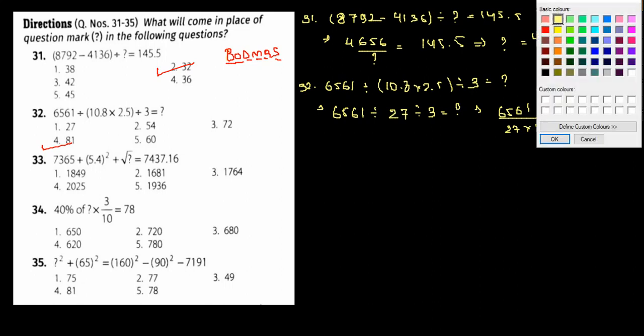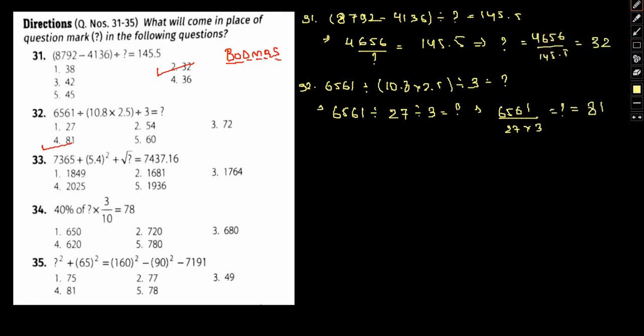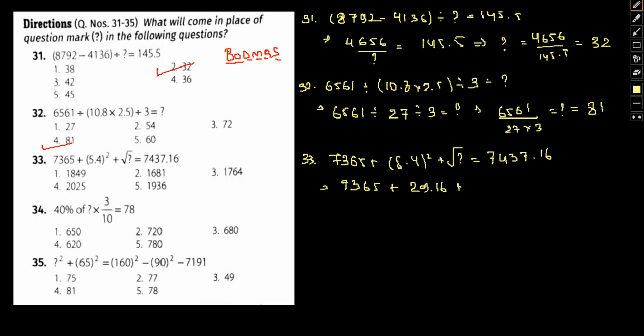Now let's move to question number 33. 7365 plus 5.4 square plus root under question mark equal to 7437.16. Okay, if we solve the same, 7365 plus 5.4 square, which would come out to be 29.16, plus root under question mark equal to 7437.16.